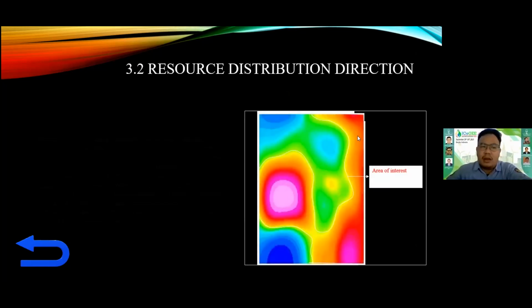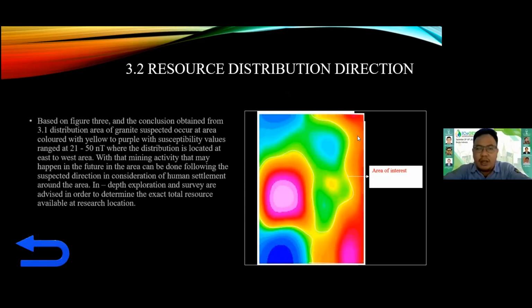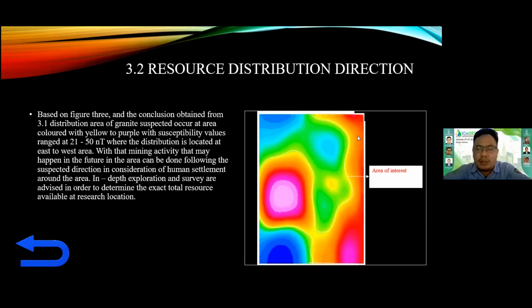And another result is the suspected resource distribution direction. As you can see, we already conclude that the suspected area for granite stones is located in the area with color of yellow, red, and purple.